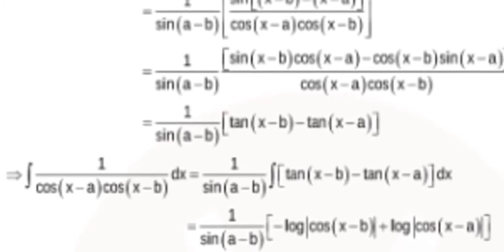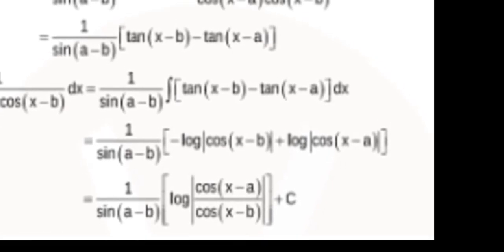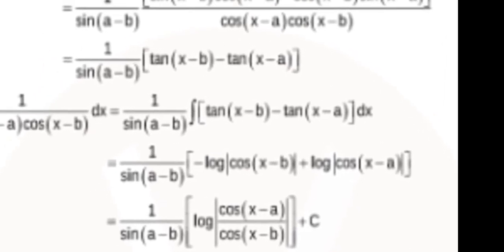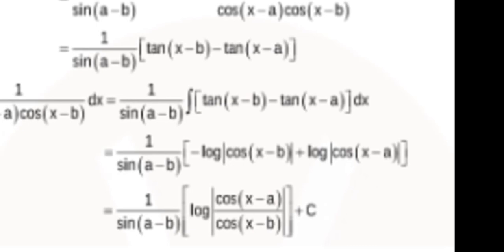Now if we start the integration of 1 by cos x minus a into cos x minus b dx, it equals 1 by sin a minus b, which is constant, so taken out from the integration, of tan x minus b minus tan x minus a dx. So 1 by sin a minus b, integration of tan x, we know that it is log of cos x.